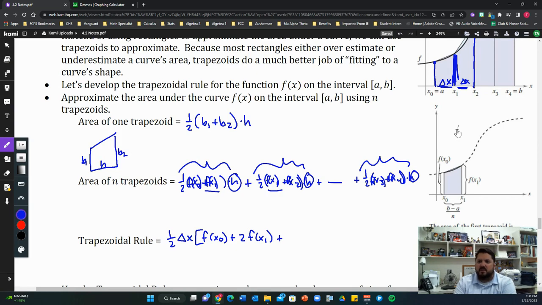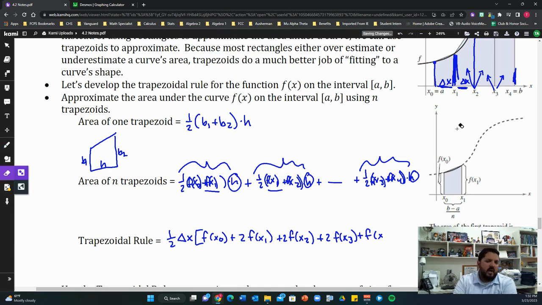It would be used for the second trapezoid and for the third one. So I would have 2 of those as well: 2 times f of x sub 2. X sub 3, same thing. It belongs to 2 trapezoids. But then at the very end, f of x sub 4, that very last one, was only used one time, just like the very first one.